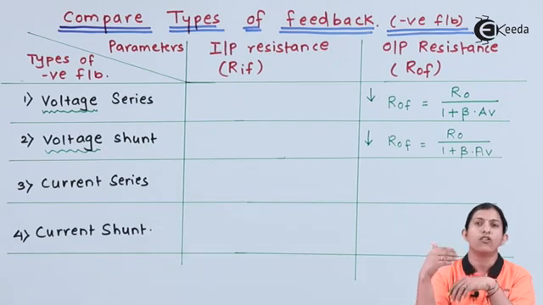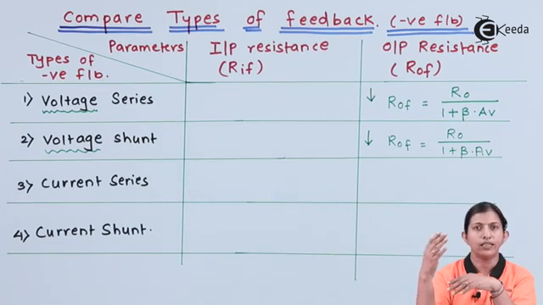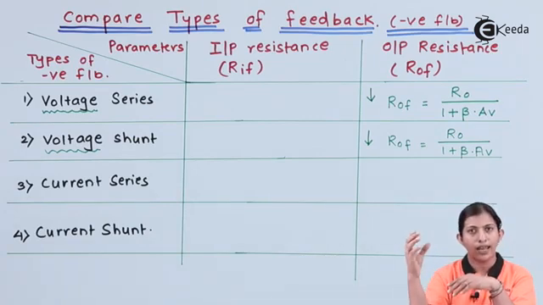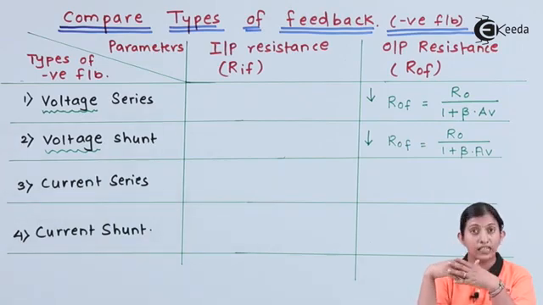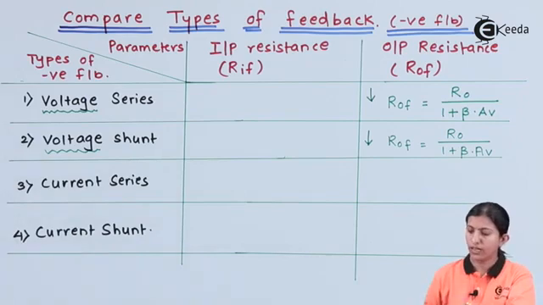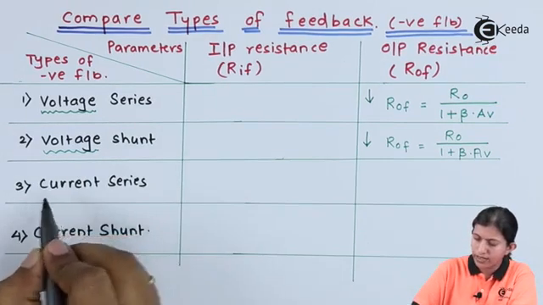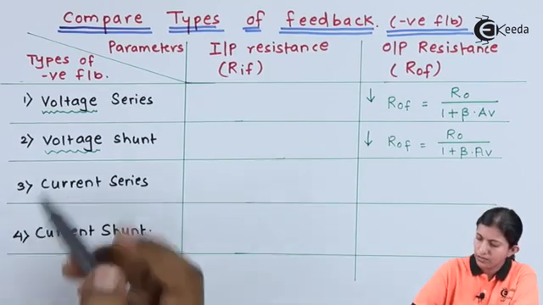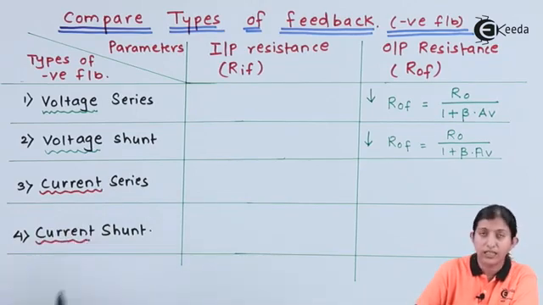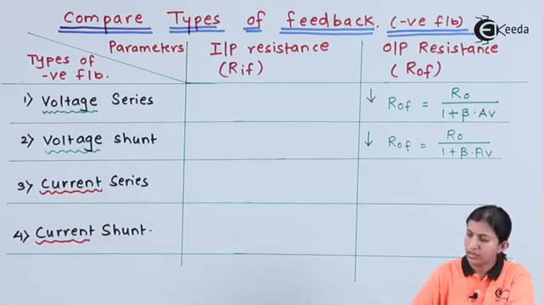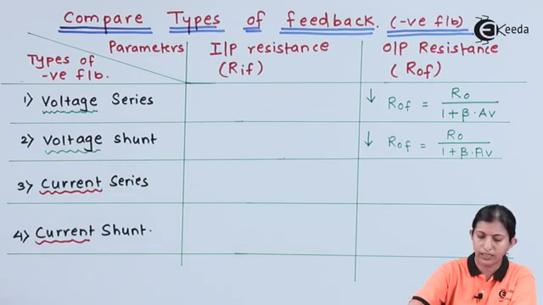Now in case of current series and current shunt connection, we are taking the output current, so RL is in series with the feedback network, and because of that the total resistance increases. So in case of current series and current shunt, the resistance increases.